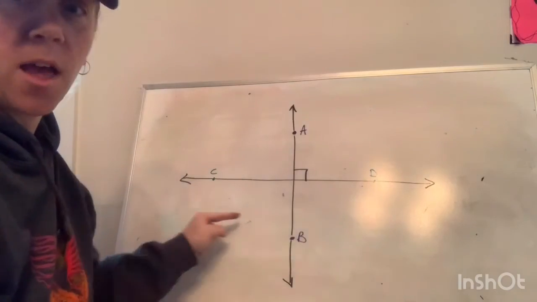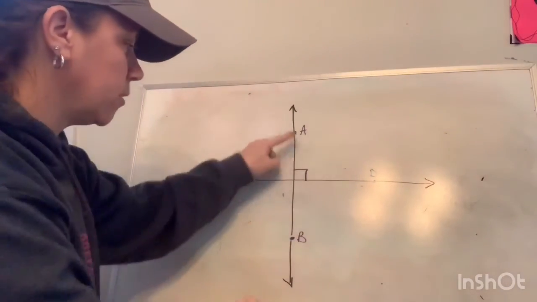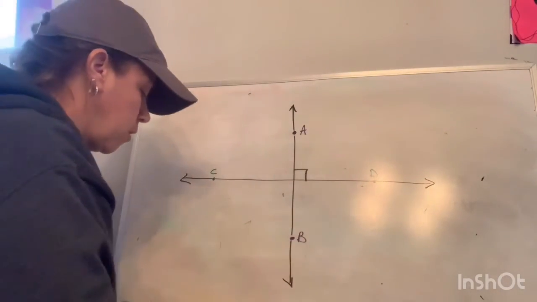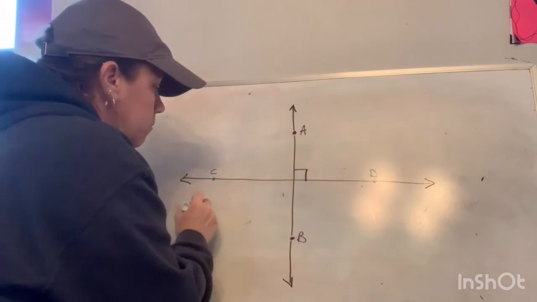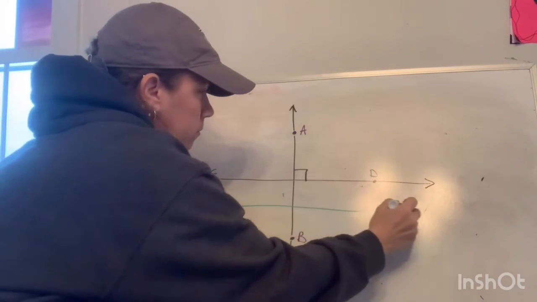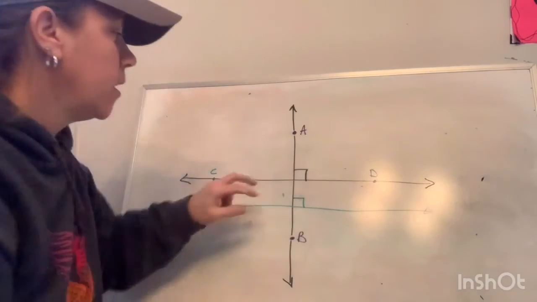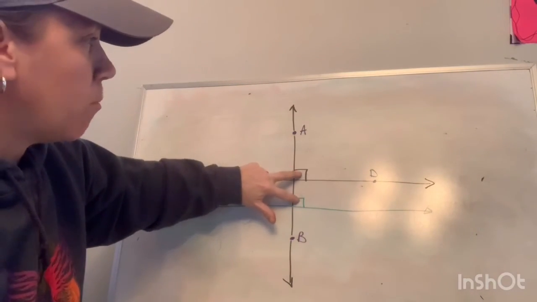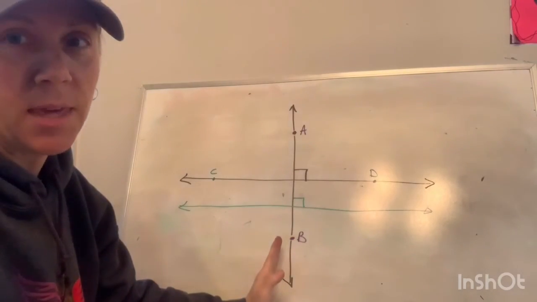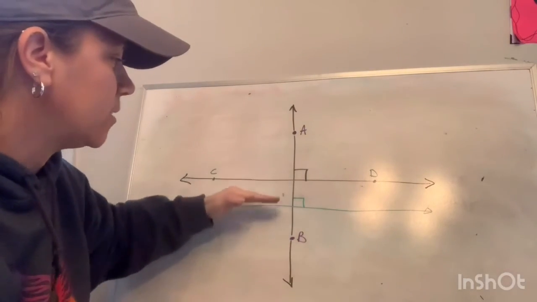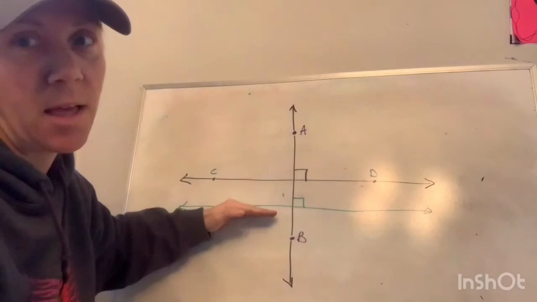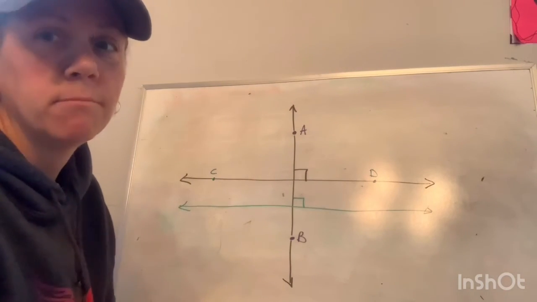So if I draw another line perpendicular to AB, I'll draw that one in green. This one's also perpendicular. If these two lines are both perpendicular to AB, it makes these two lines parallel. Okay?